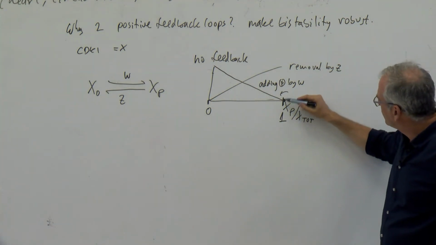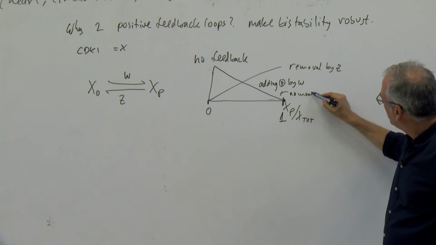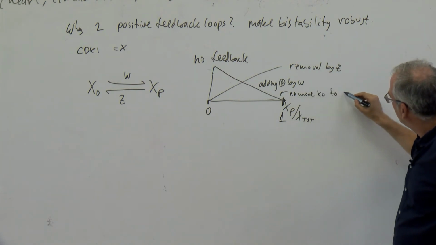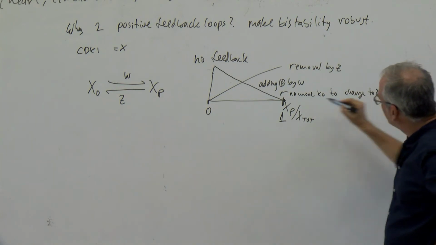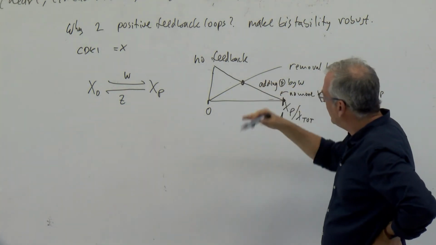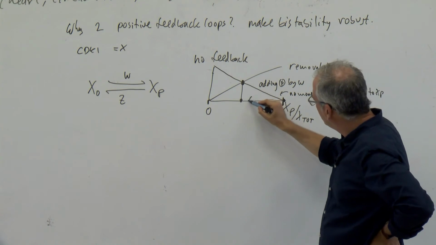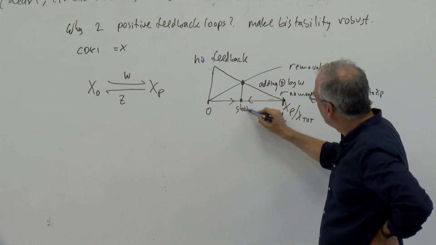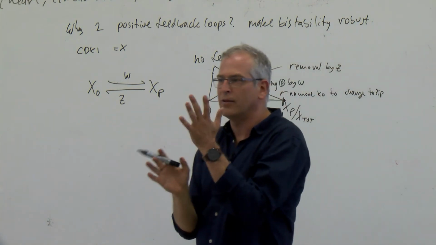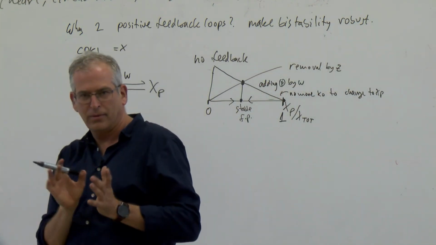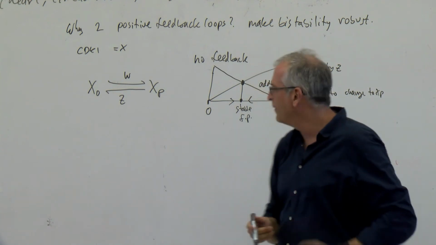Here, at this point, there's no more X0 to change to XP. And of course, these two rates, adding and removing, meet at one point. And this is our stable fixed point. So if there were no feedback loops, this system would just reach, let's say, 50% phosphorylation. No oscillations, no bistability.